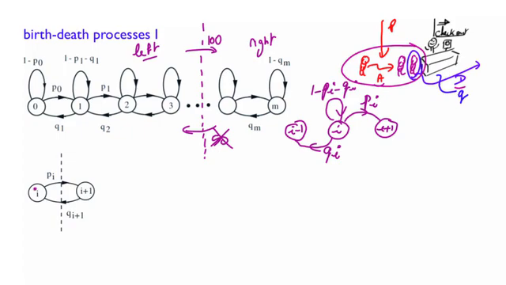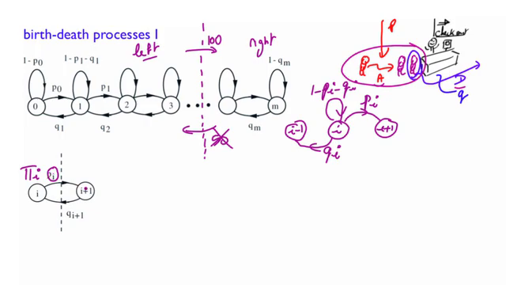The fraction of times at which transitions of this kind are observed is the fraction of time that we happen to be at that state, which is pi of i. And out of the times that we are in that state, the fraction of time that transitions of that type happen is p of i.